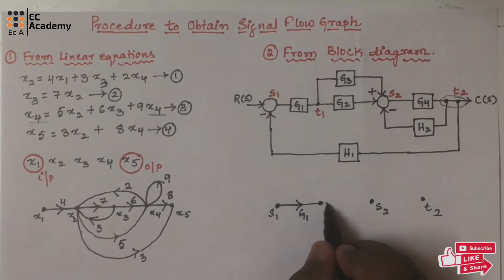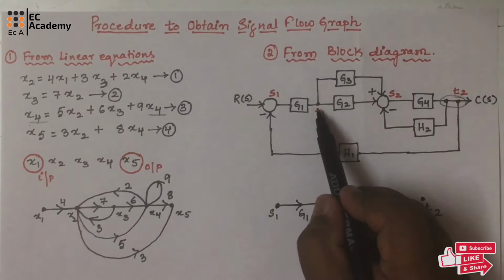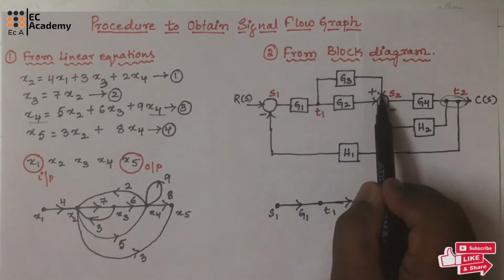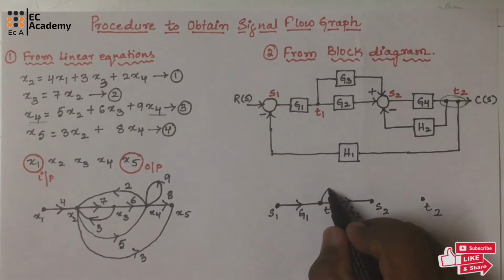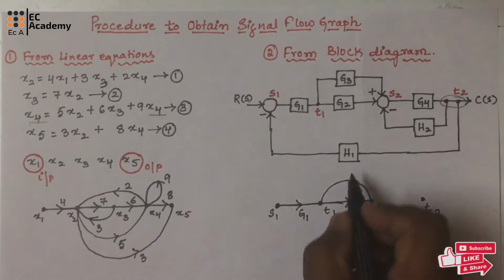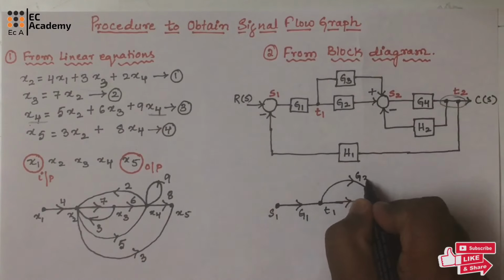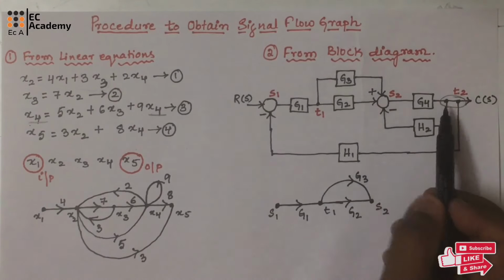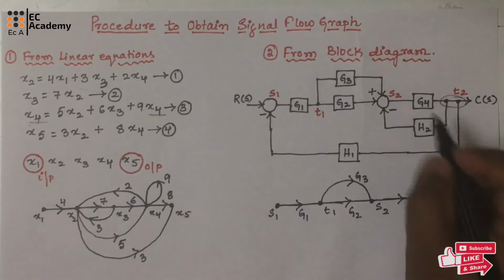We represent it by a branch, and the branch gain will be G2. From T1 to S2 we have one more signal with transfer function G3. We represent it by a branch and write the transfer function G3. From S2 to T2 we have one more block, so we write a branch and write the gain of that branch as G4.